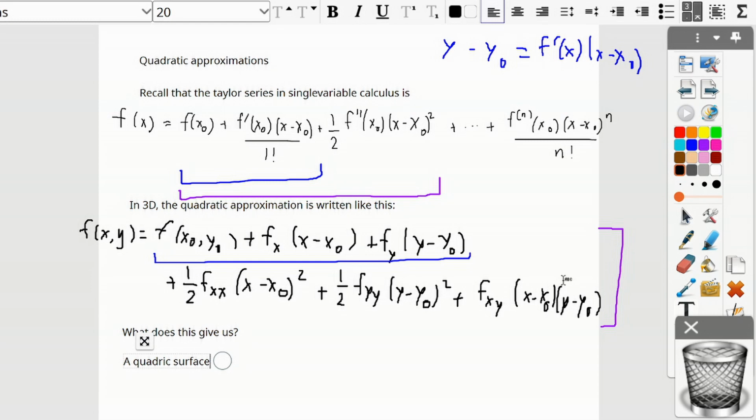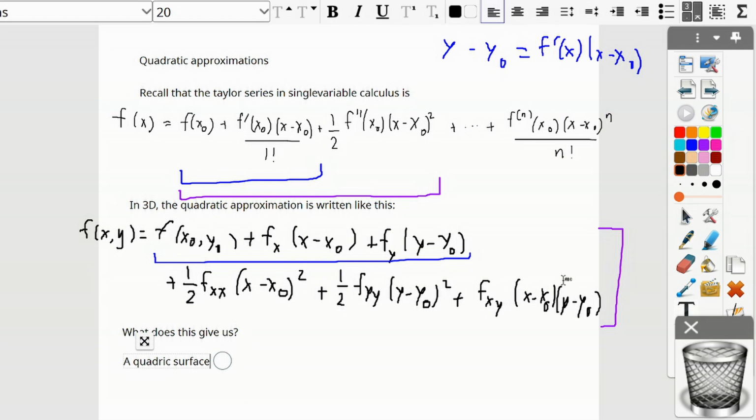It will give you an elliptic paraboloid, a hyperbolic paraboloid, or I think an ellipsoid. I think, but I'm not sure about that. Don't quote me on that. I think the elliptic paraboloid is probably the best thing that you could get out of this type of surface, but you will get a quadric surface to approximate the function.